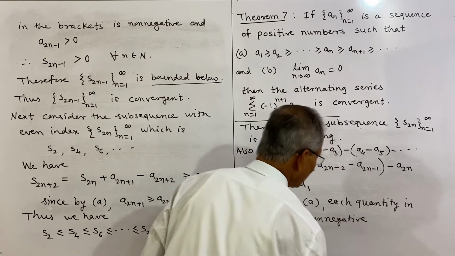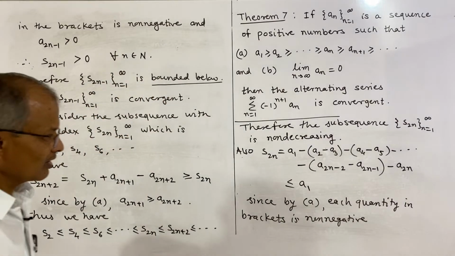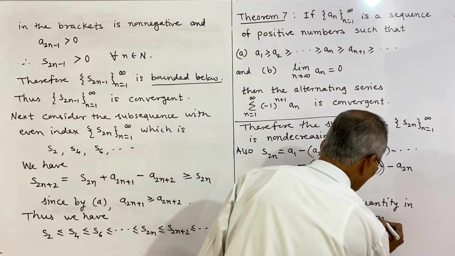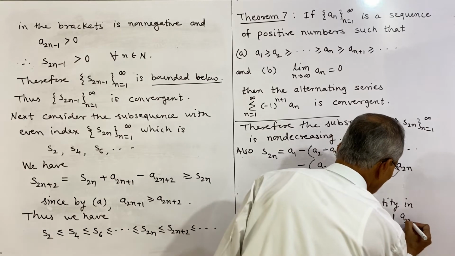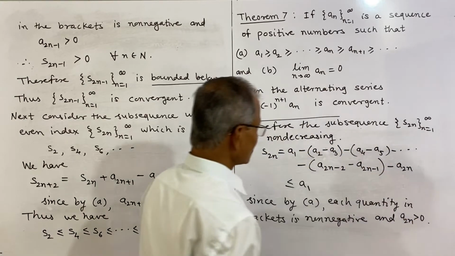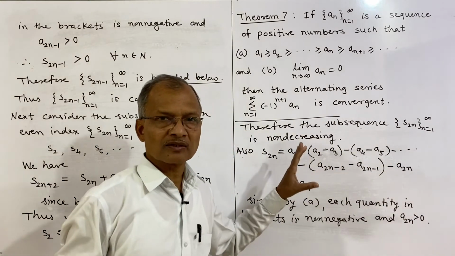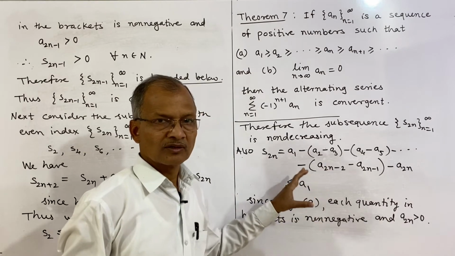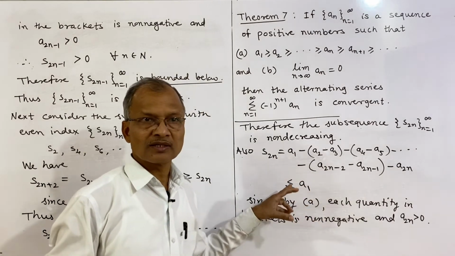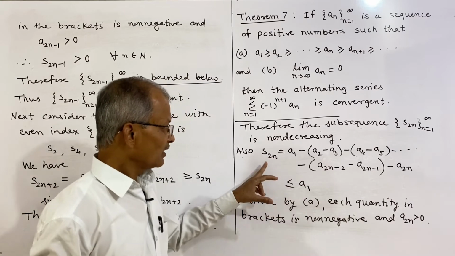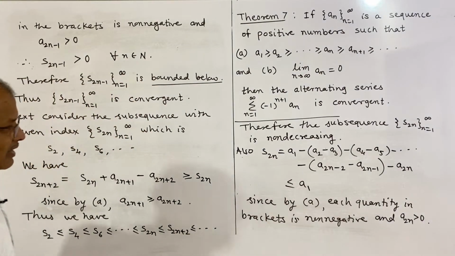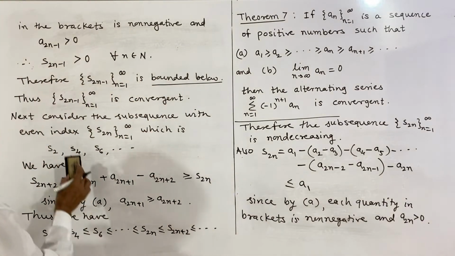Same reason we have written earlier, non-negative, and a2n is greater than 0. So therefore this becomes a1 minus some positive quantity. So a1 minus some positive quantity is less than or equal to a1, and therefore s2n is less than or equal to a1, and that we have.